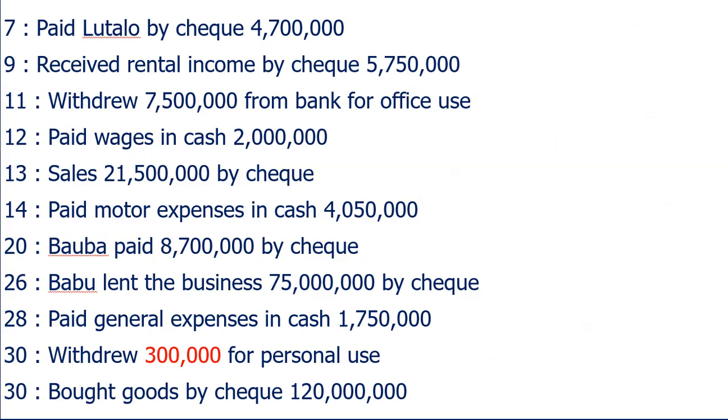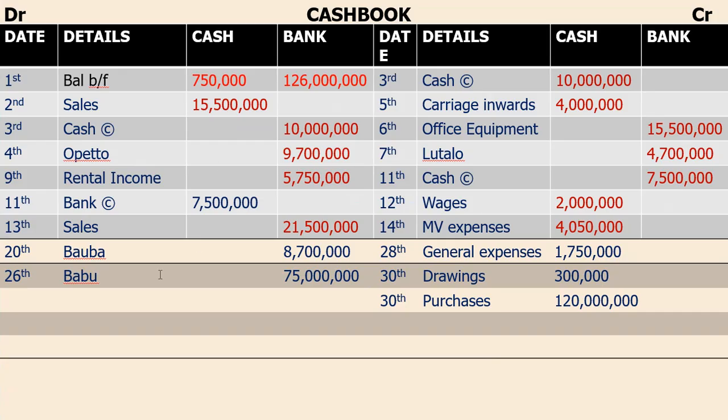So there is this Bauba who paid by check. I think we have noted that. Bauba paid by check. The bank column of the cash book is increasing and therefore we debit. Then Babu is giving us money. No, Babu is a creditor to us. But our bank column is increasing, therefore we debit.